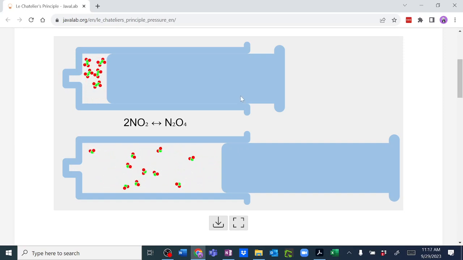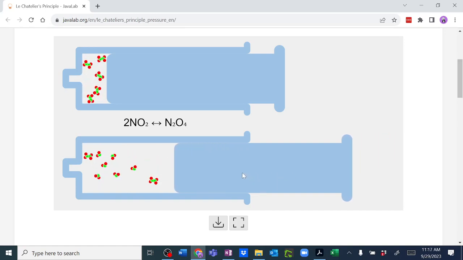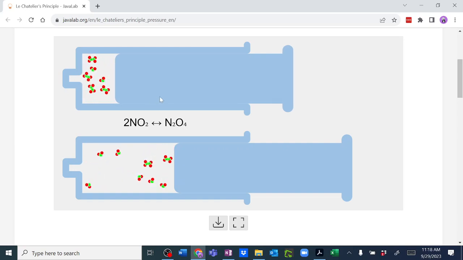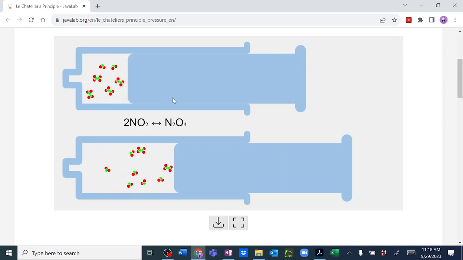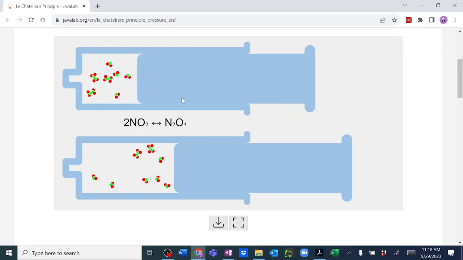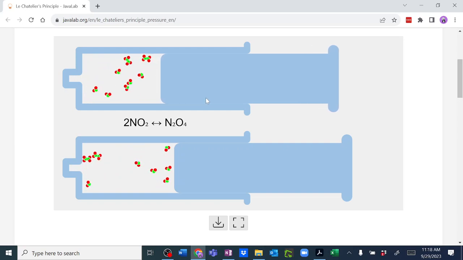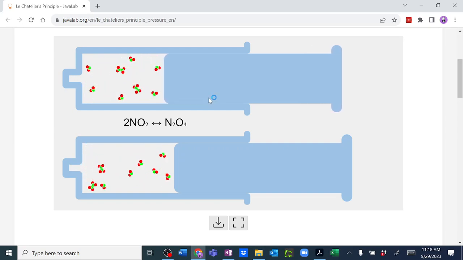Now, shall we slide them around a bit? Look at that. Now we have a couple of N2O4s and still a majority of NO2s. Did you see how a couple of those split apart to keep the pressure? And there goes another one.